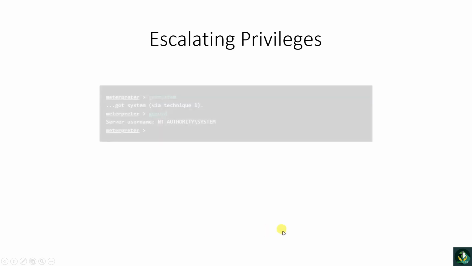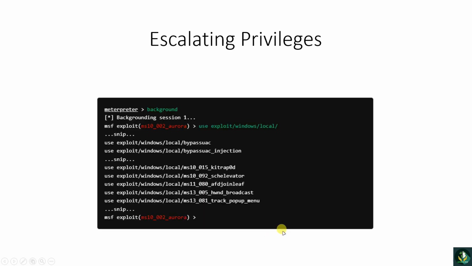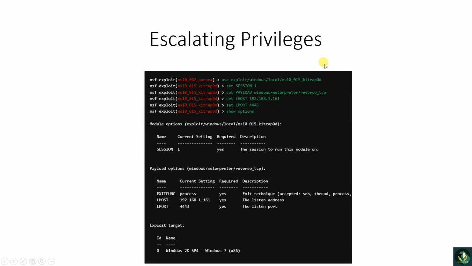Then we need to set our payload as Meterpreter reverse TCP, which we previously saw a lot of work on. Then we set our LHOST as our machine IP address, which is this one, and manually set our LPORT, which is 4443. Typing options will give you the updated values for this Meterpreter payload and this exploit.